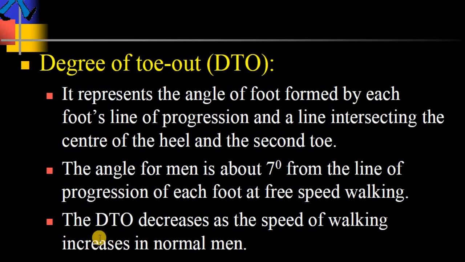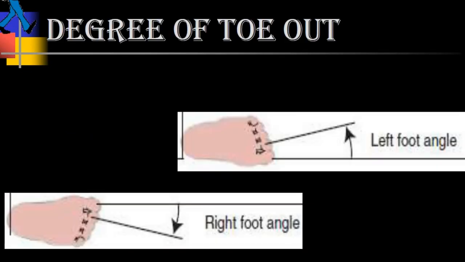Then this degree of toe out will increase; it is directly proportional to the speed of walking, okay. So this is the degree of toe out on both the left and the right foot, as you can see. You draw a line to the second toe through the heel, okay.